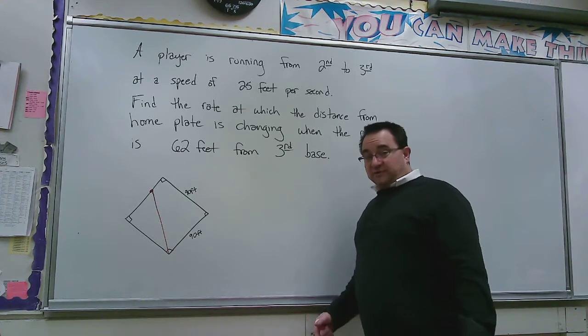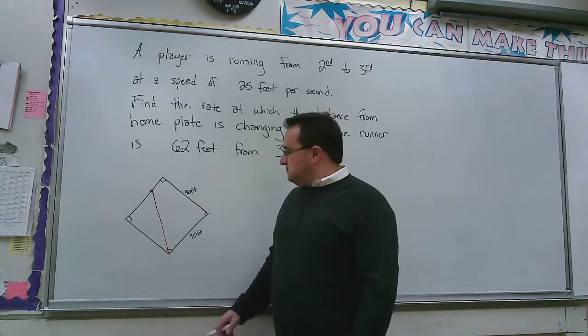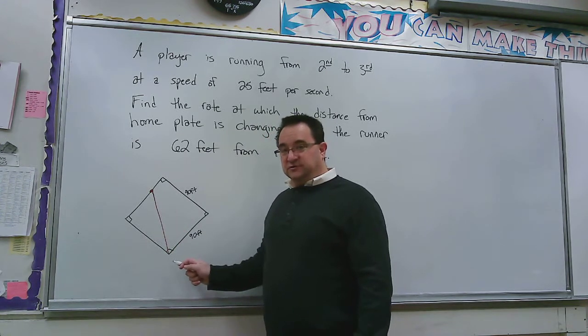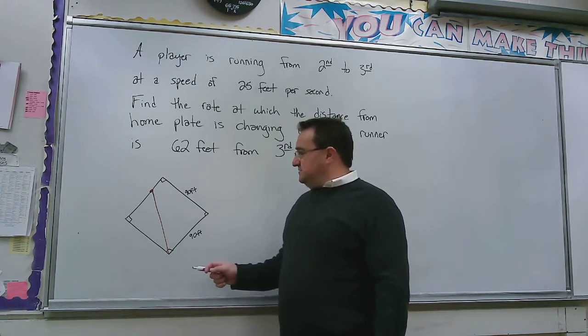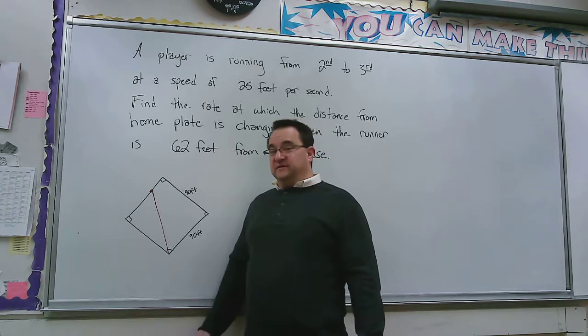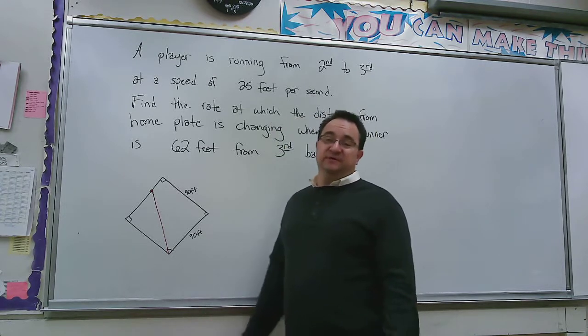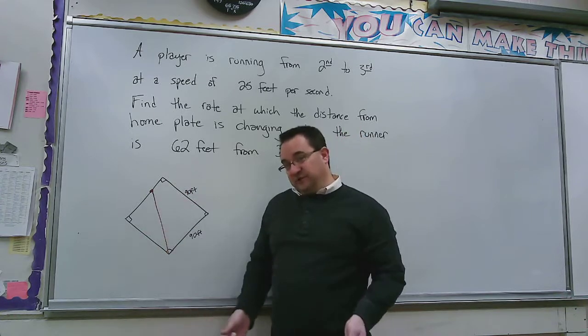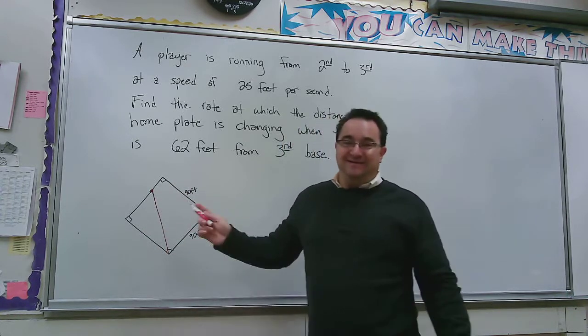A couple of quick things before we get going here. Notice that when I'm running from second to third, I would be getting closer to home plate, so our distance would be decreasing. That would be negative. Whenever a rate or a derivative is decreasing, that is negative.